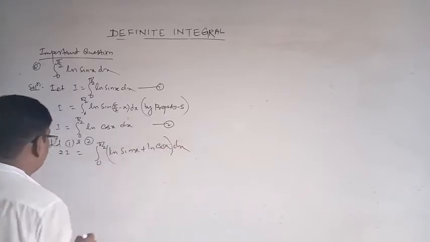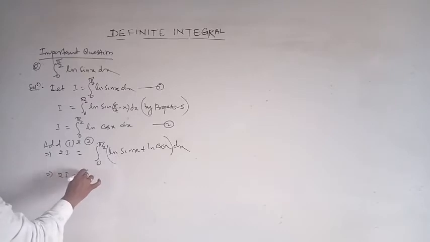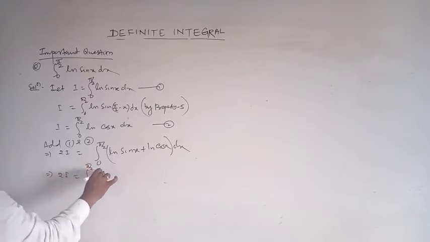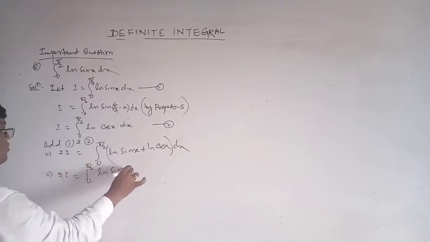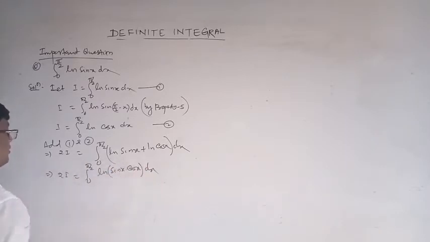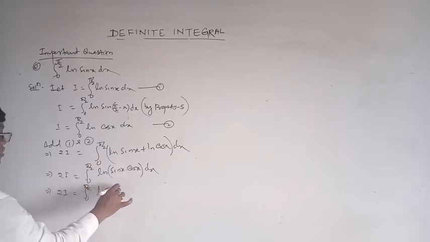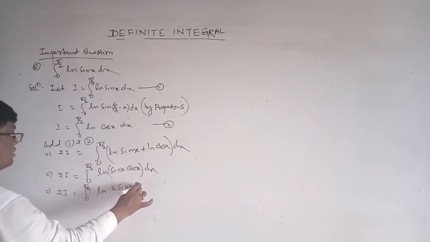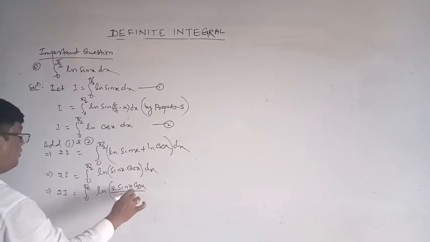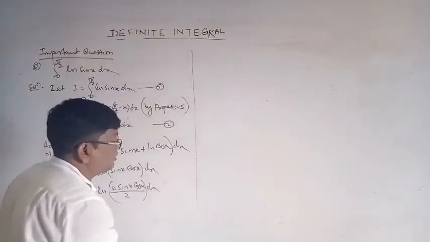So 2I is equal to the integral of log of sin x into cos x dx. So 2I is equal to the integral from 0 to pi by 2 of log of 2 sin x cos x by 2 dx.